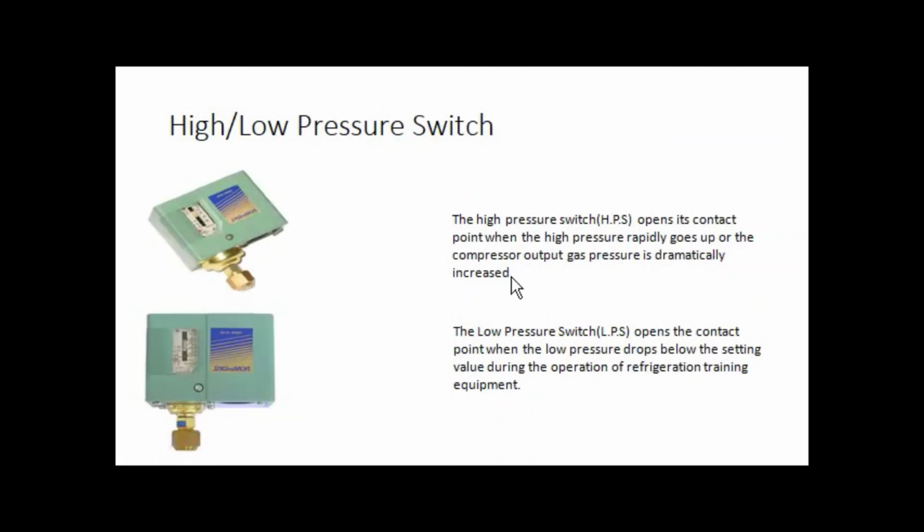Understand this. The high pressure switch, HPS, opens its contact point when the high pressure rapidly goes up, or the compressor output gas pressure is dramatically increased.